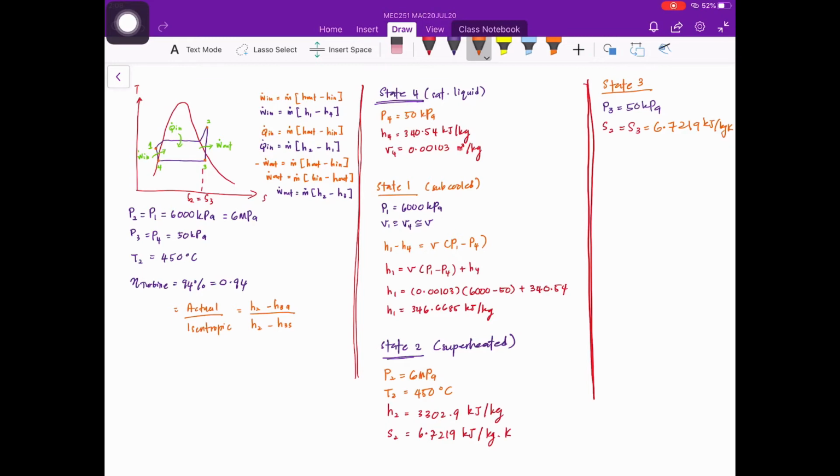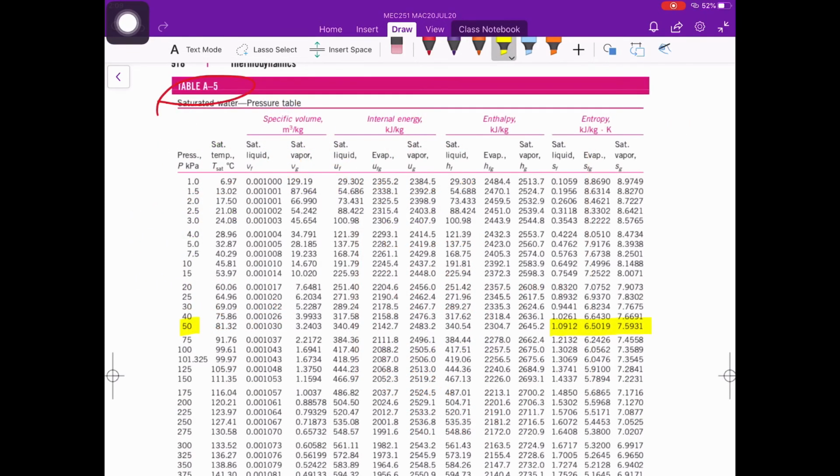Since we now have two properties for state 3, which are the pressure and the entropy, we can perform the characterization for this particular state. From table A5, we can see that the value of 6.7219 kilojoule per kilogram Kelvin is in between the entropy of the saturated liquid and the entropy of the saturated vapor. Therefore, state 3 is in the mixture phase.